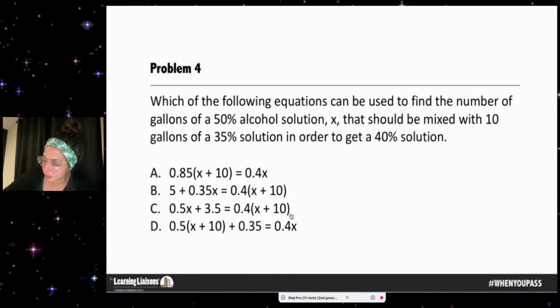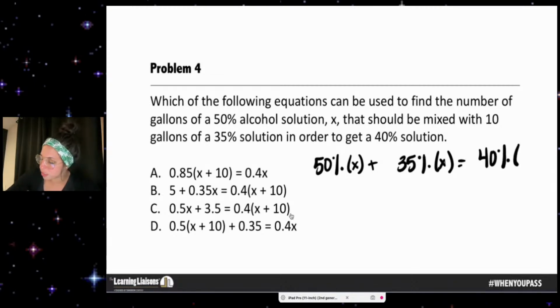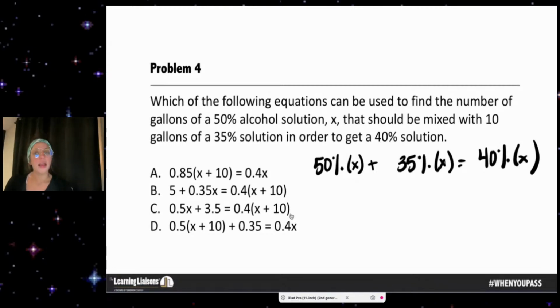So I need my 50% gallons plus my 35% gallons, and that's going to equal my 40% gallons. Now, unfortunately, nothing looks like that. That's okay, because we can at least take that frame of mind and use it to our advantage.